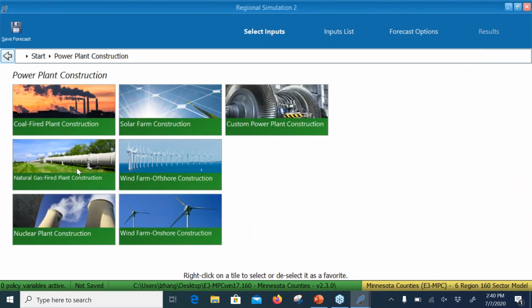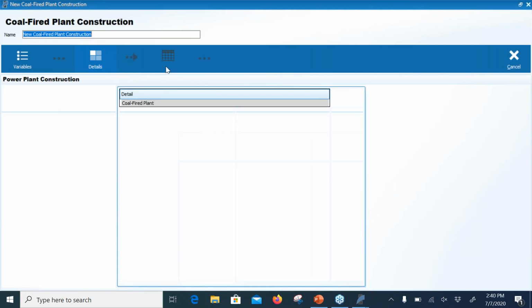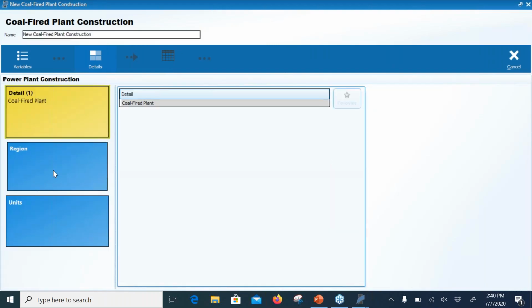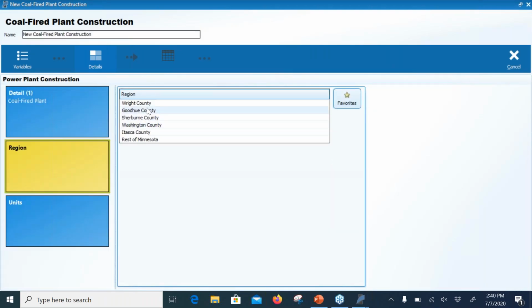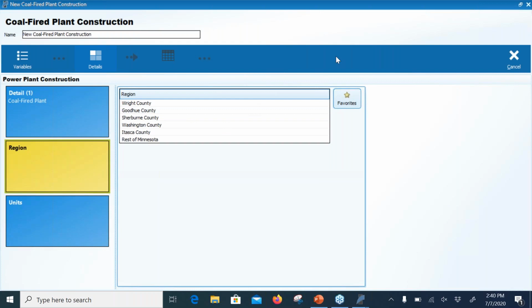For the power plants module, for all these different types of power plants, you can model. So we can add, say, a power plant to one of our regions, and this particular module will say, okay, this power plant will cost, say, 50 million.